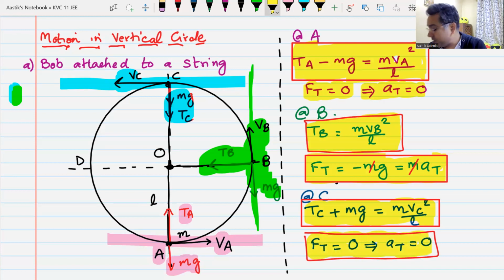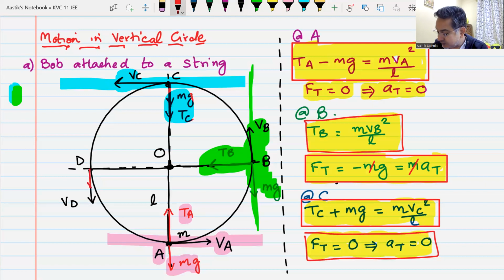So the last point would be point D. How do I make equations at point D? So let me go to point D. The velocity at point D is Vd. Can anyone tell me what are the forces acting on it? Gravitational force, tension force, sir.